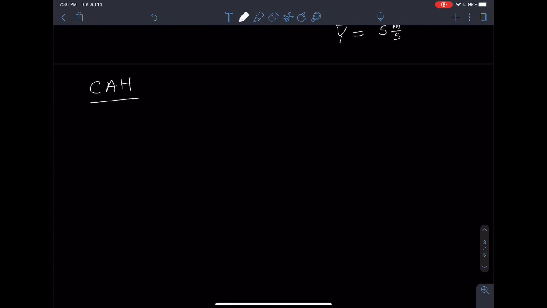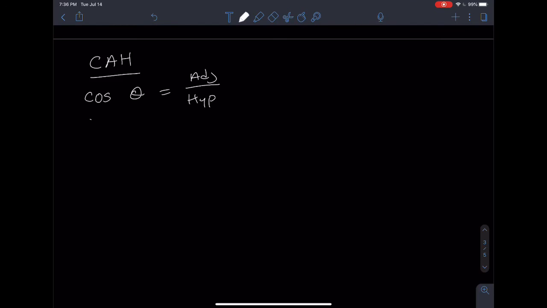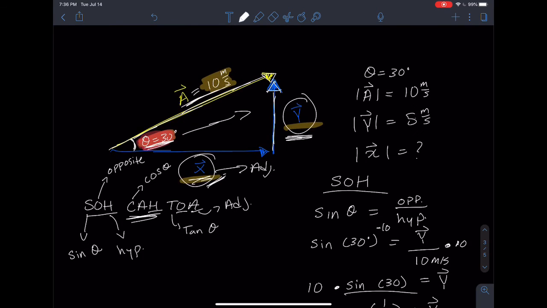Cosine of angle theta is going to equal the adjacent over the hypotenuse. This is just me reading off the SOHCAHTOA. Let's add in what we know. Theta is 30 degrees. The adjacent is the x vector, and the hypotenuse is our A vector, which is equal to 10.